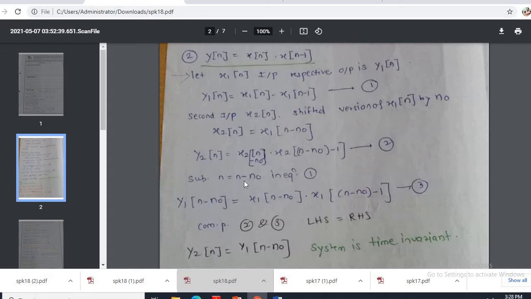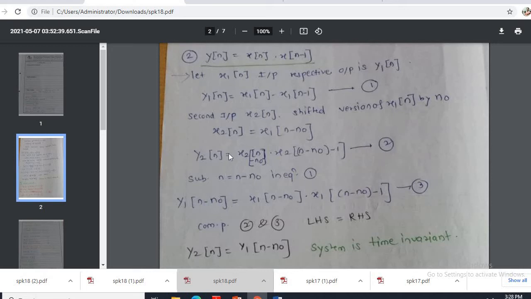Now suppose we substitute this same n minus n0 in our original equation, y1[n] is equal to x1[n] into x1[n minus 1]. So we can write y1[n minus n0] is equal to x1[n minus n0] into x1[n minus n0 minus 1]. What we are doing is, first we have shifted the input, and now we have shifted the output.